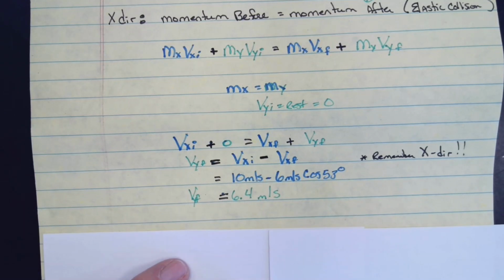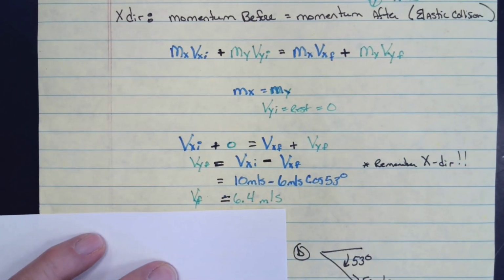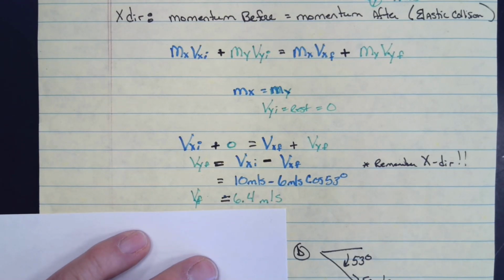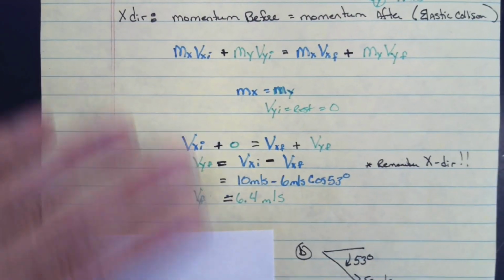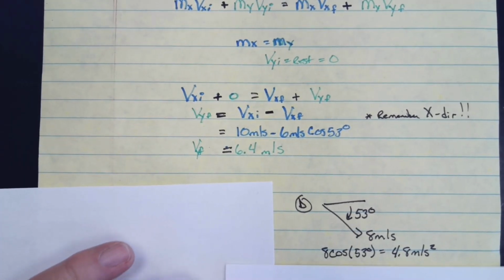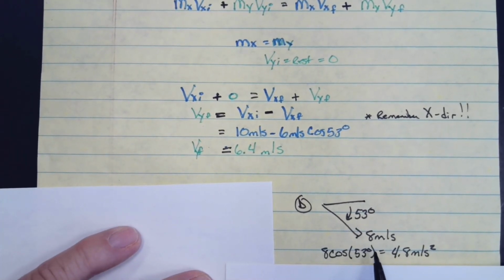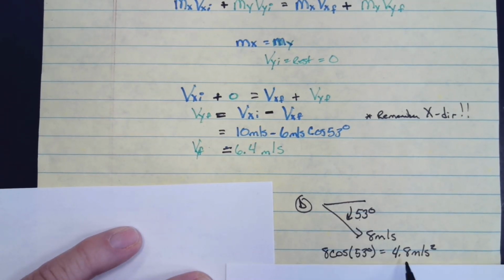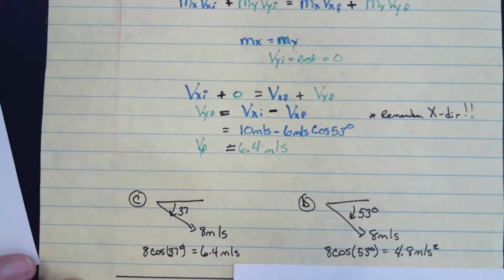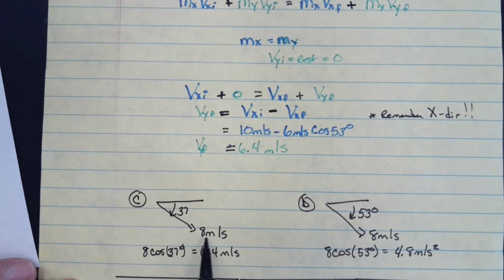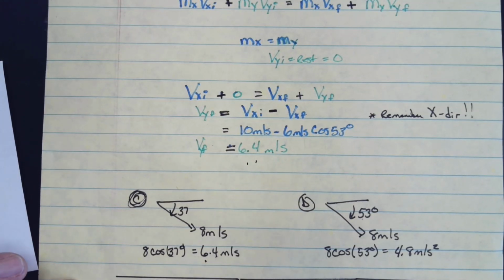Looking at these two possible answers, D and C: for D, the amount of the velocity in the X direction would be 8 times the cosine of this, which is 4.8. For C, the amount in the X direction would be 8 times the cosine of 37, and that's 6.4. So C has to be the right answer because that's how much is in the X direction.